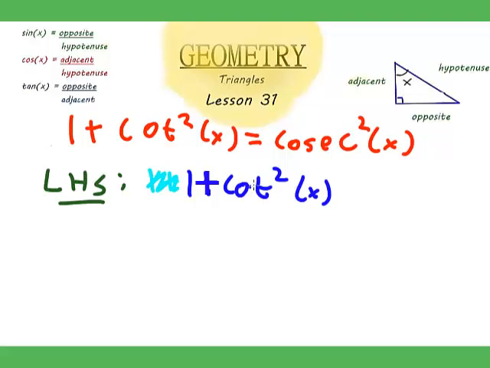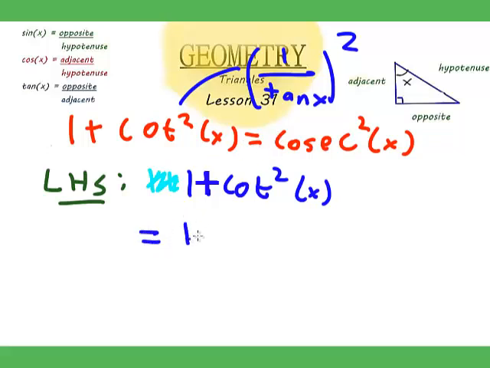Cot x is actually 1 over tan x, and its whole thing squared is equal to 1 over tan squared x. So this is equal to 1 plus 1 over tan squared x.